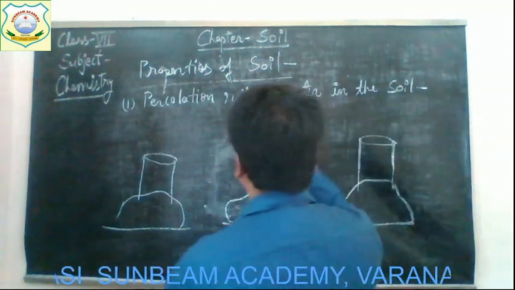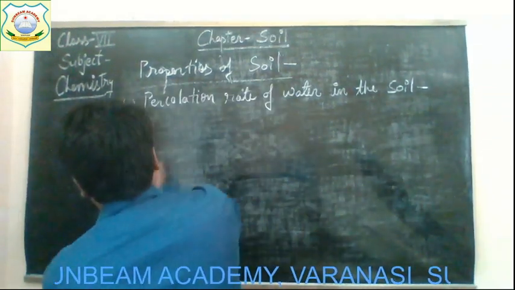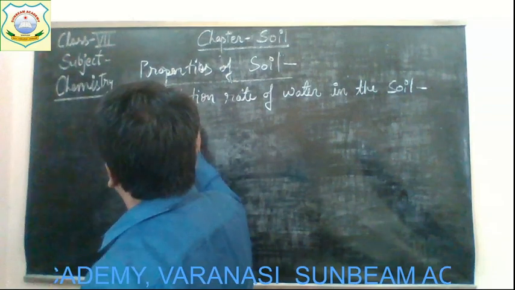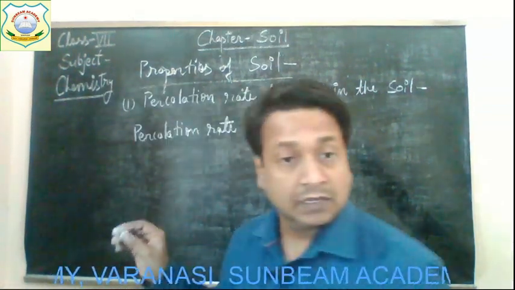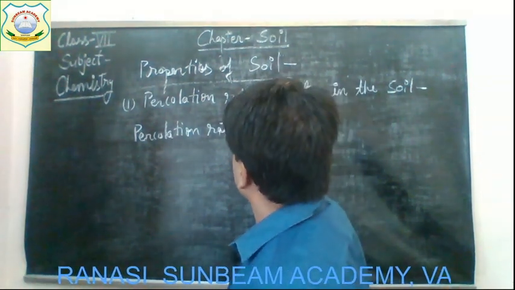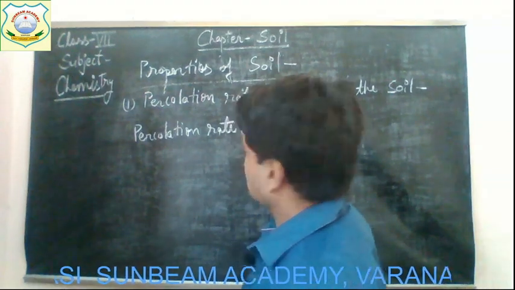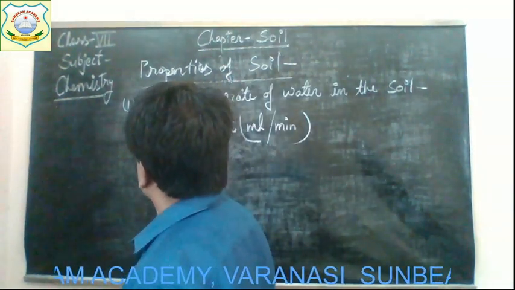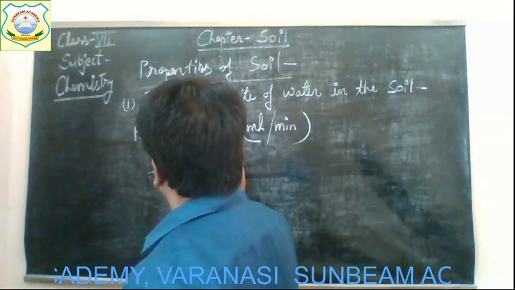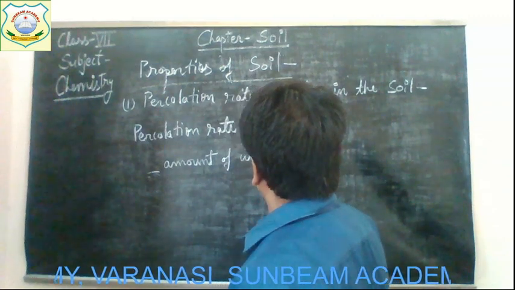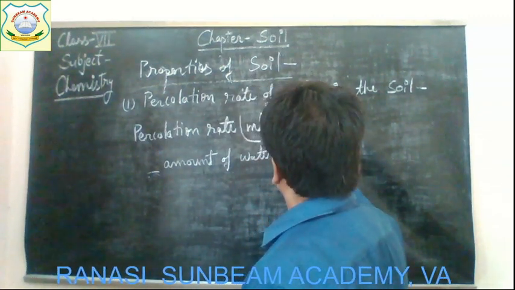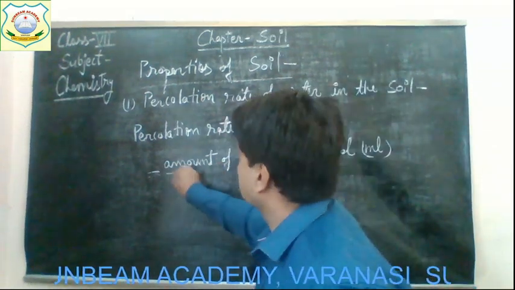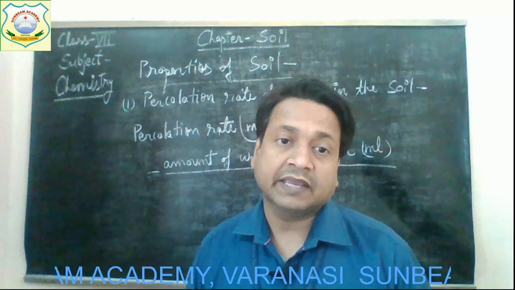The formula is: percolation rate, measured in ml per minute, will be equal to the amount of water percolated in ml divided by the time taken in minutes.